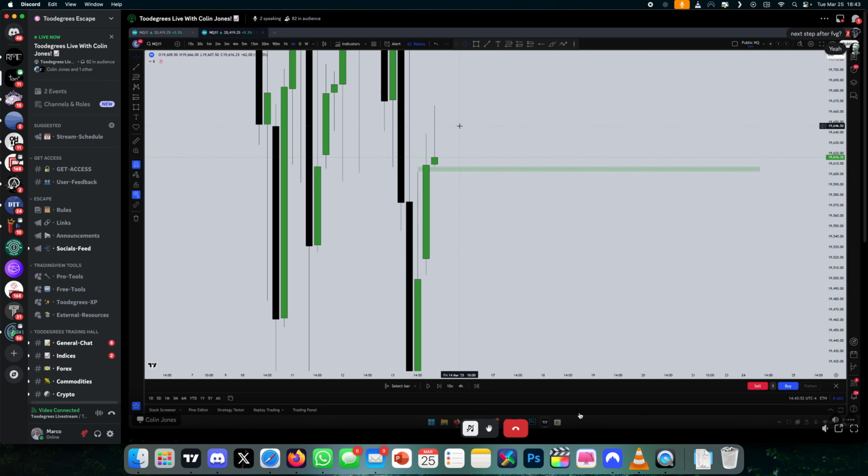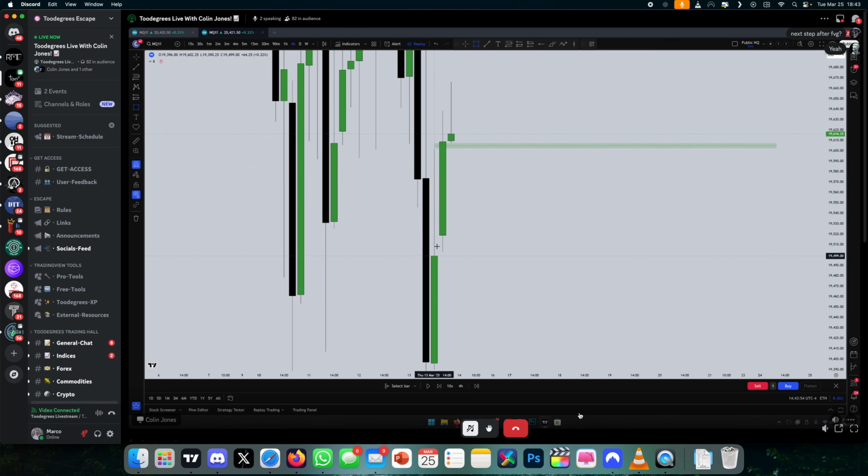Okay, awesome. So when we have a volume imbalance included in one of the 3 candles provided in our fair value gap, we always want to include that in the drawing, even if that means it's all the way down here.